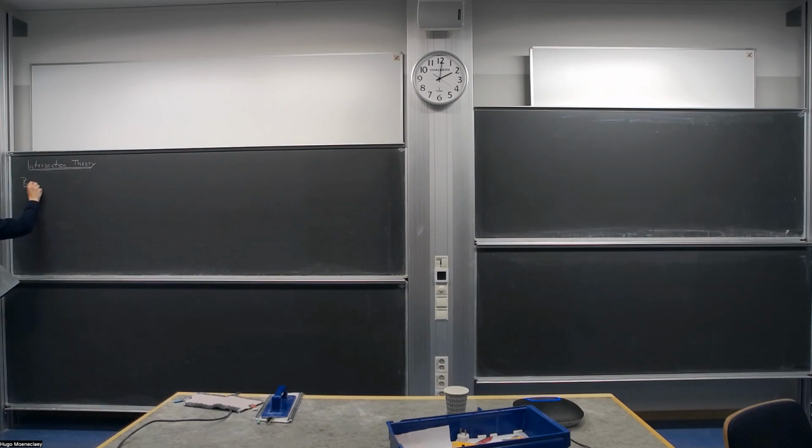So, for example, let's take a classical result in intersection theory, Bezout's theorem.